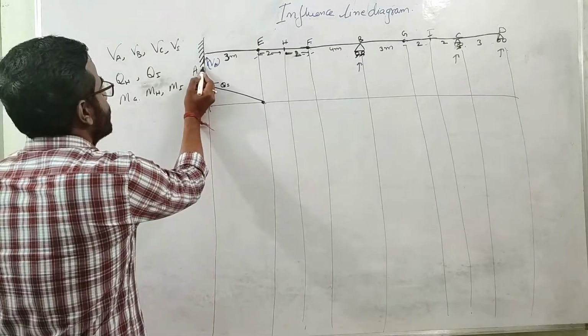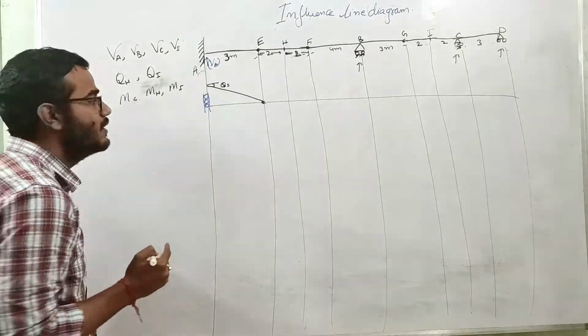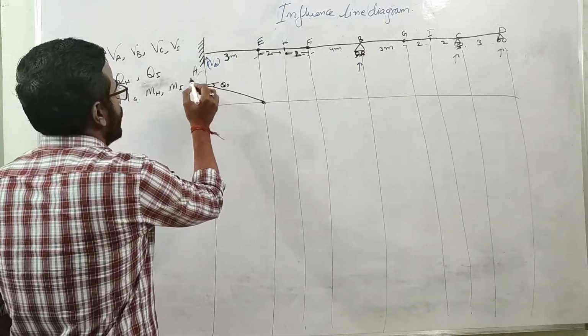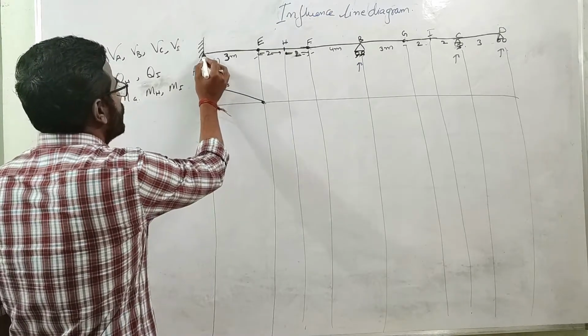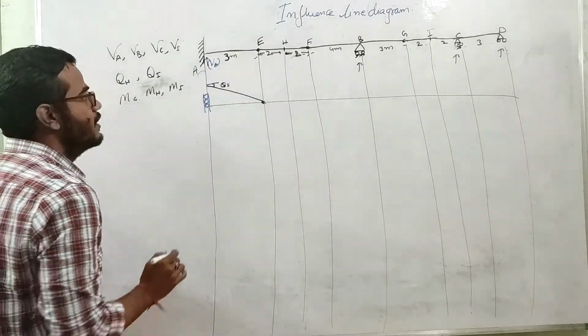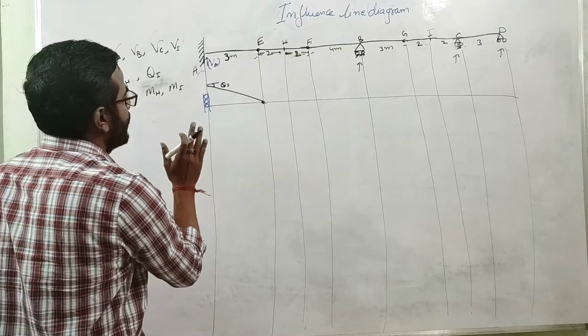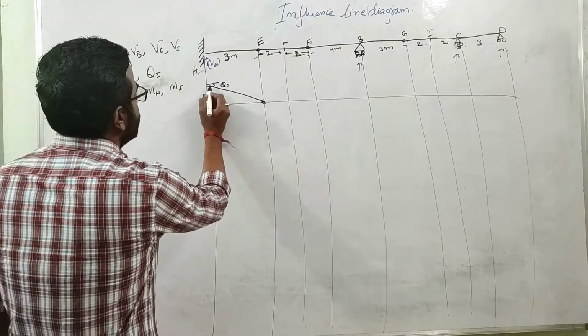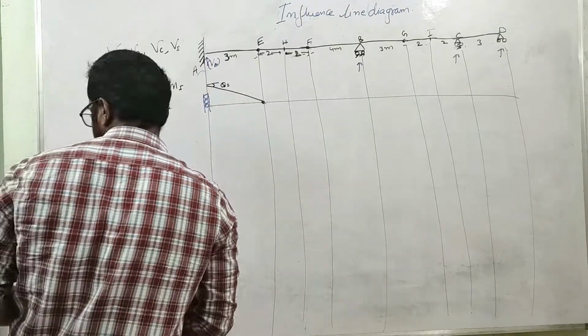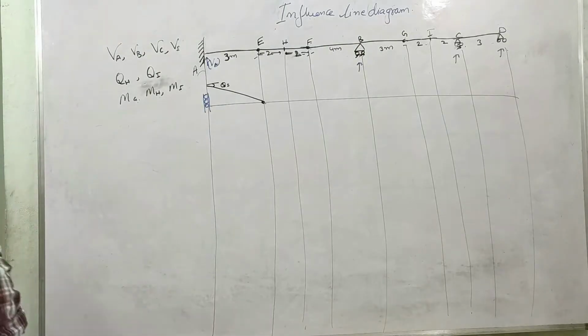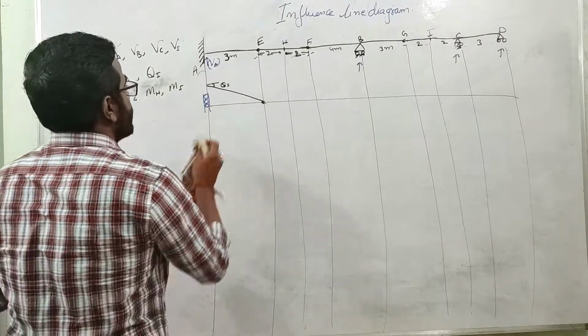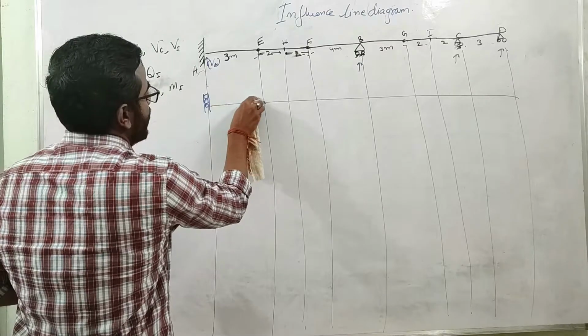Because there is a fixed support at A, the slope at this point will be 0. So while drawing the deflection diagram or elastic curve diagram, we need to make sure the slope at this point is 0. This is the important thing which you need to take care of.